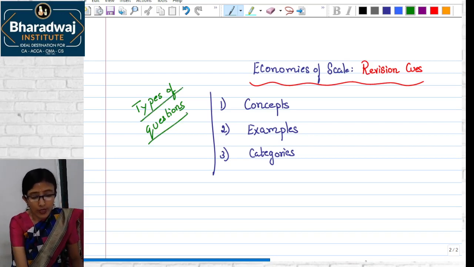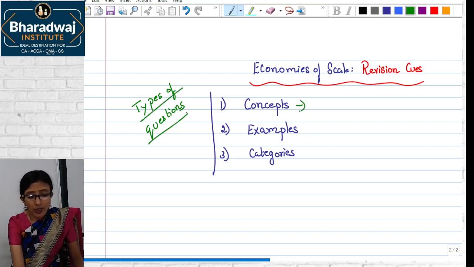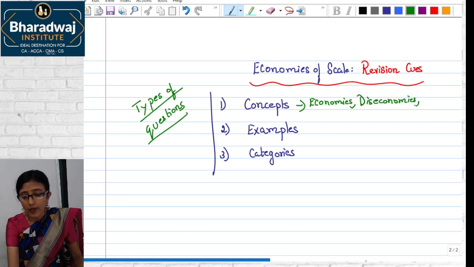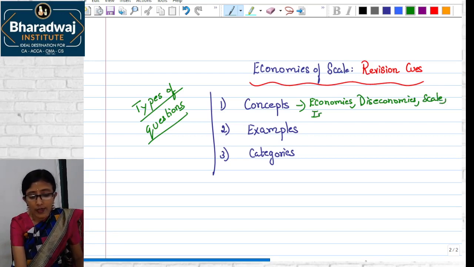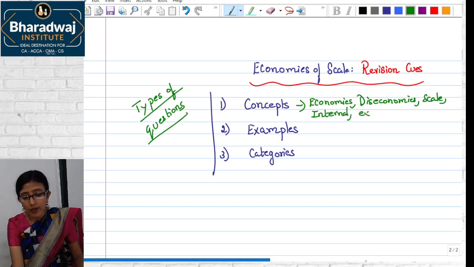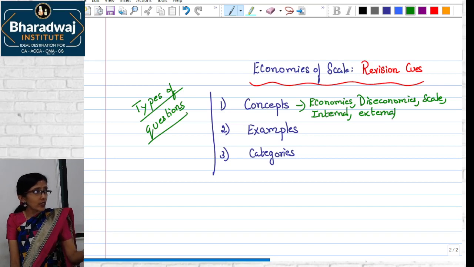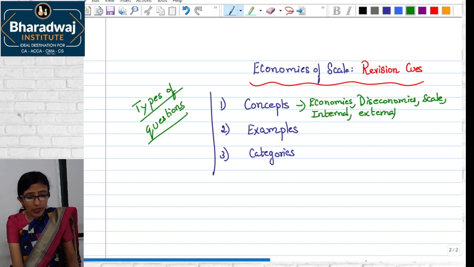Okay, so concepts, a lot of concepts are there. What is meant by economies? What is meant by diseconomies? What is the scale? What is internal? What is external? Still further, you can go and say what is endogenous, what is exogenous, all concepts only.